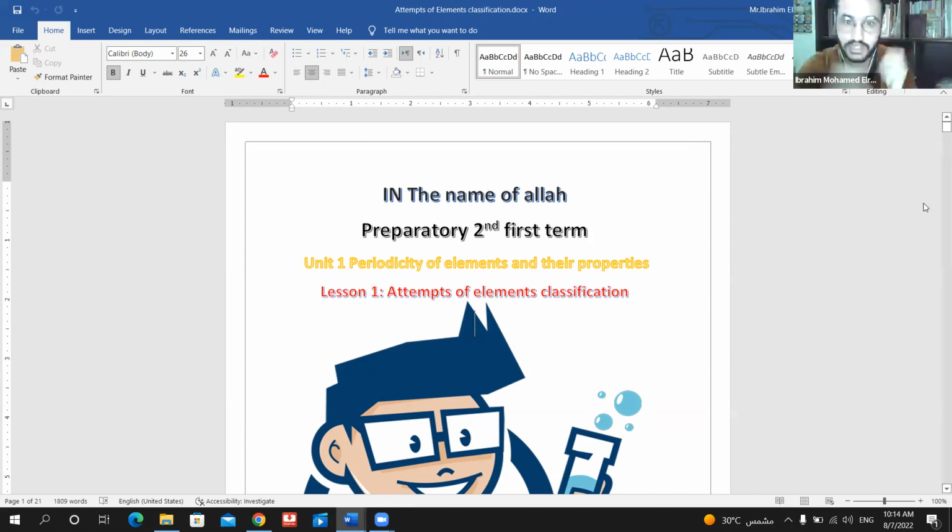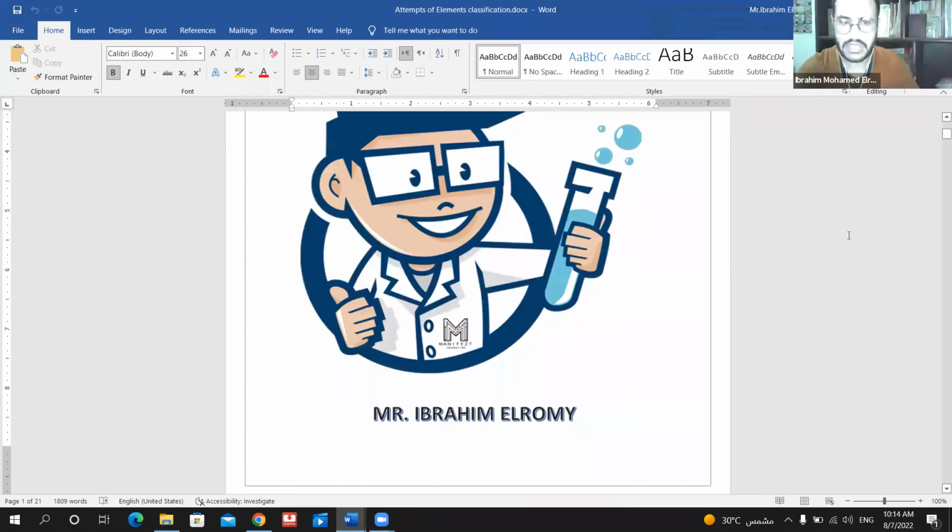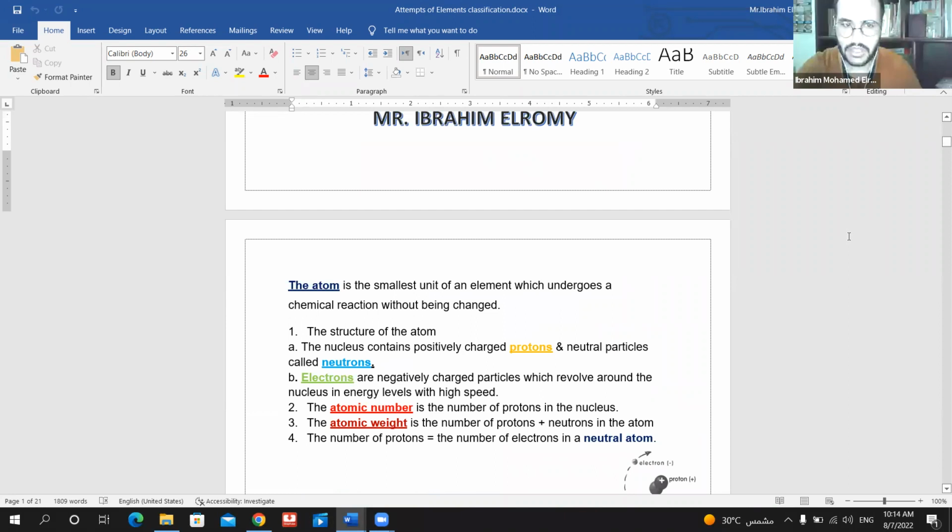Today, in our class, we are going to refresh our information from the last class. We talked before about the element structure, and we said that the smallest unit of the element is called the atom.